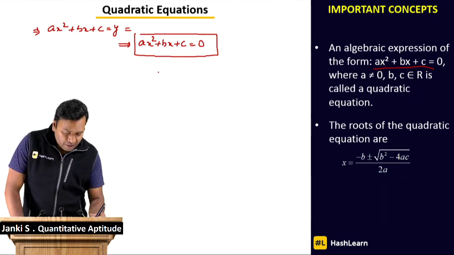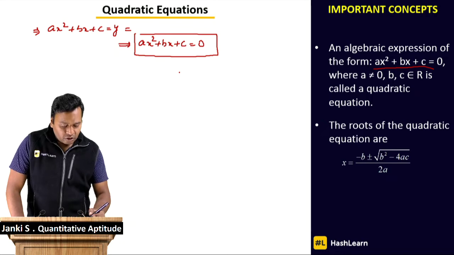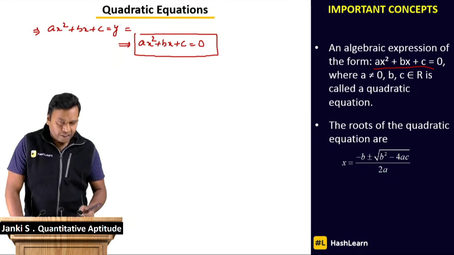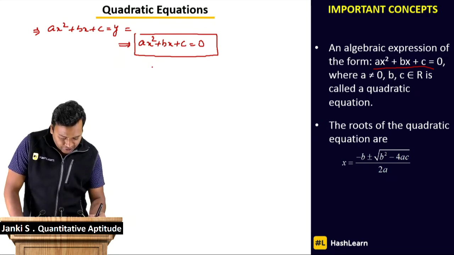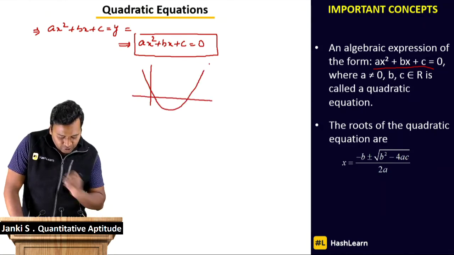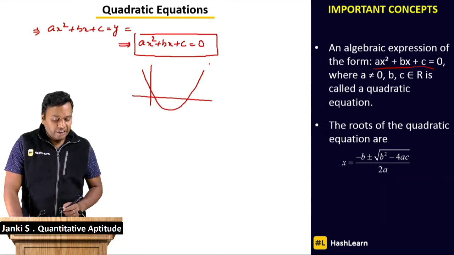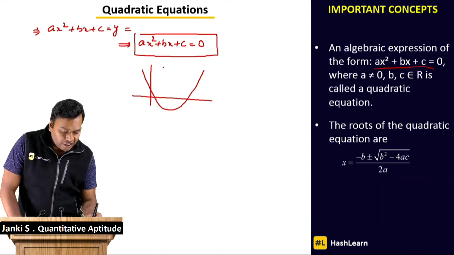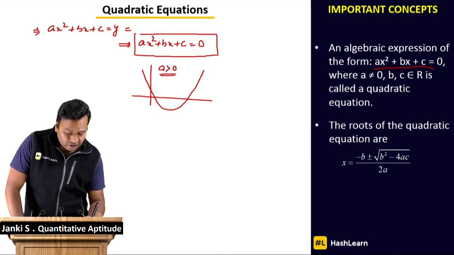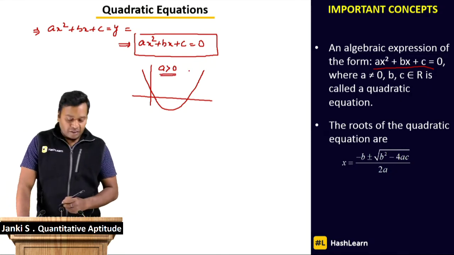अगर normally देखा जाए तो if we draw the curve of a quadratic equation or its expression, my curve will always be in this format. ये छोटी सी बात आप पहले समझ लीजिए, right? So my curve will be in this format where a should be greater than 0. अगर a का वैल्यू greater than 0 है, so my curve ऐसा बनेगा.